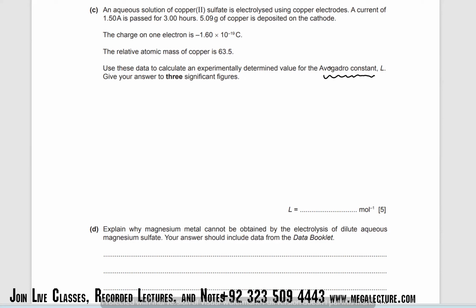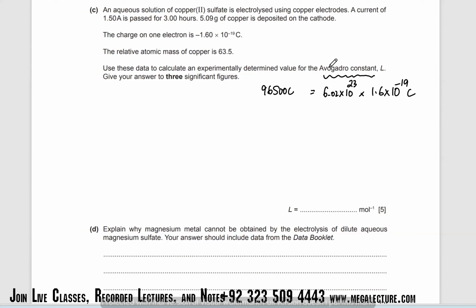Faraday constant क्या होता था? Faraday constant was the charge on 1 mole of electrons, right? 1 mole of electrons was 6.02 times 10 power 23 electrons, and each electron had a charge of 1.6 times 10 power minus 19 coulombs. तो तब पता लगता था कि वो 96,500 coulombs, right?